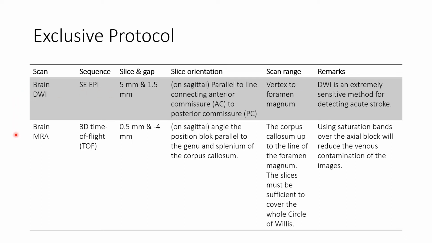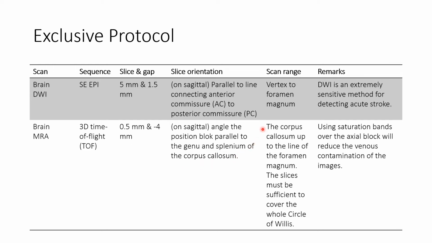Next is the exclusive protocol for this patient. We perform the brain MRA also. We use a 3D time of flight or 3D TOF with 0.5 mm slice thickness with -4 mm slice gap. So for the MRA, also on the sagittal image, we angle the position block parallel to the genu and splenium of the corpus callosum.